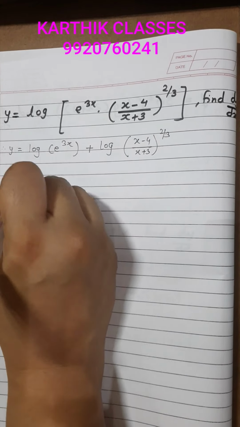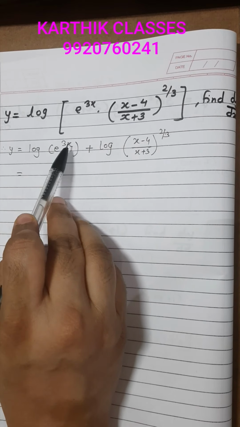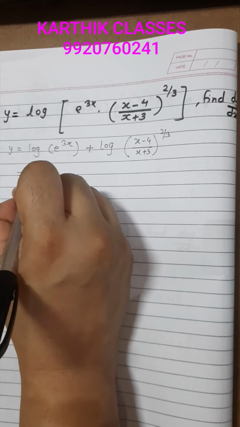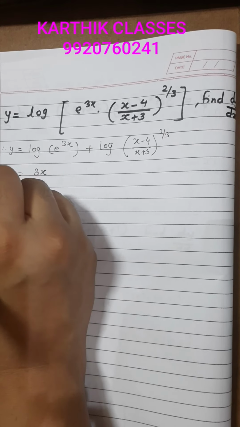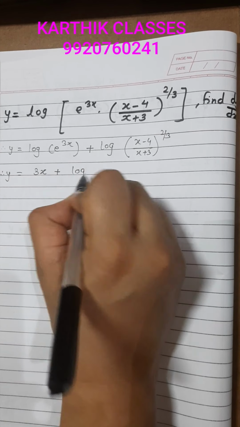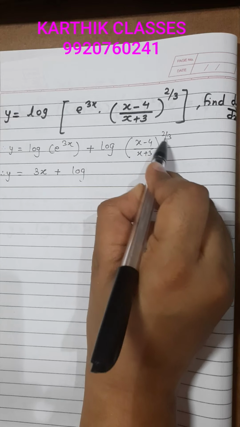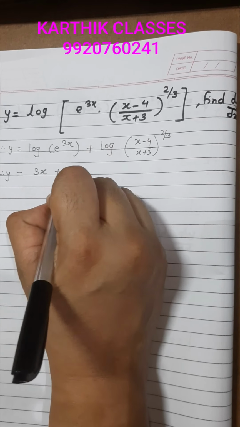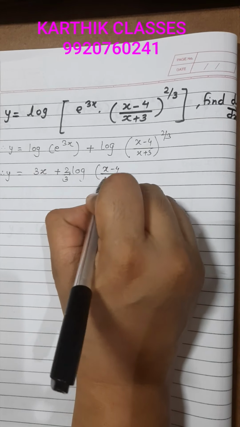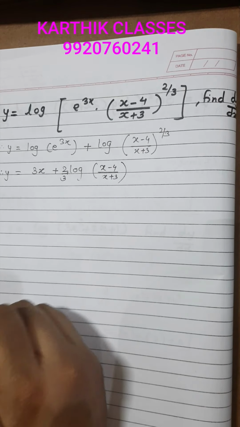Now see, log of e raised to 3x, so log and exponential will cancel each other and we remain with 3x. So therefore y is 3x plus log of, now this exponent can be taken down, 2 by 3 into log of x minus 4 upon x plus 3.